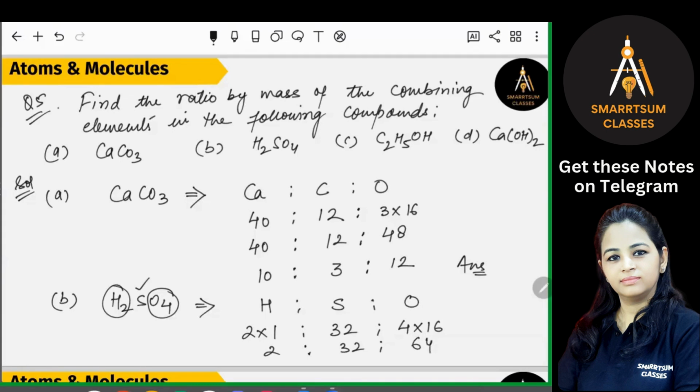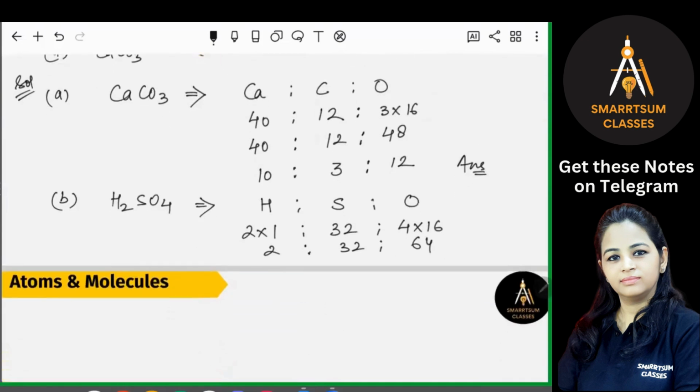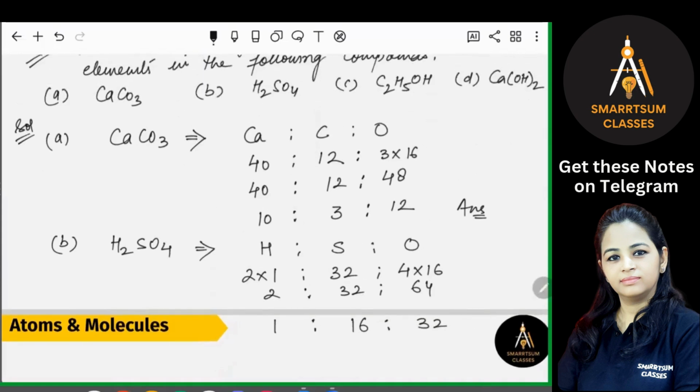Now, since this is not in the simplified ratio form, we will find the common factor which can divide all 3. 2 is the common factor, and that's how you will get 1 is to 16 is to 32. So the ratio of the combining elements in H2SO4, H ratio S ratio O, is 1 is to 16 is to 32. This is your answer. Is that clear?